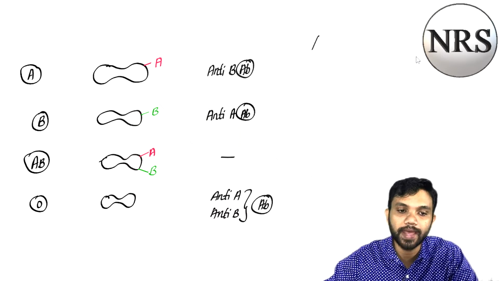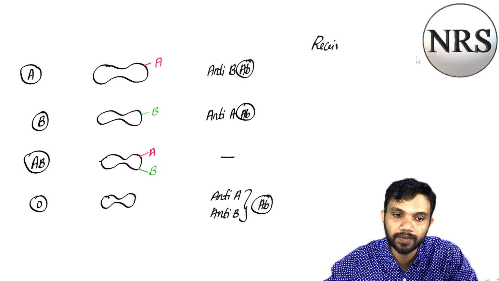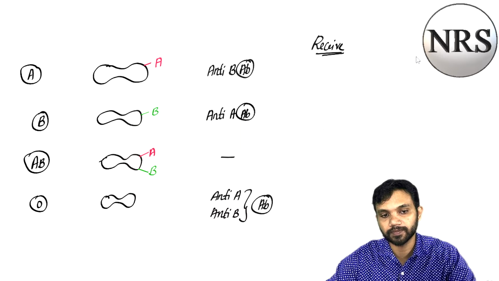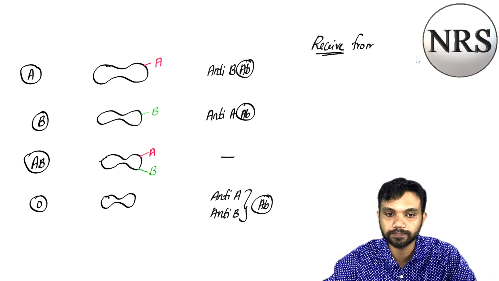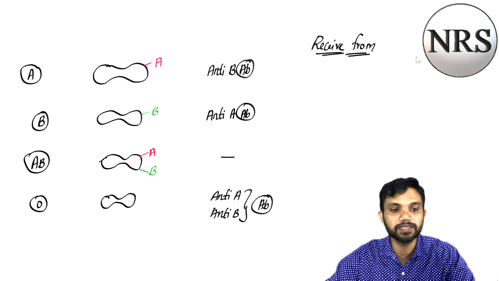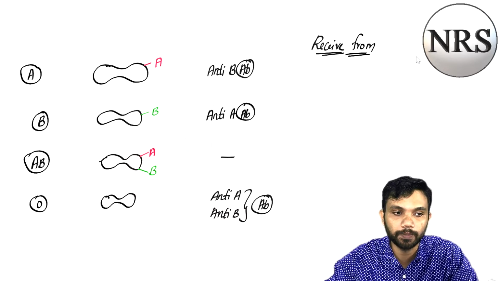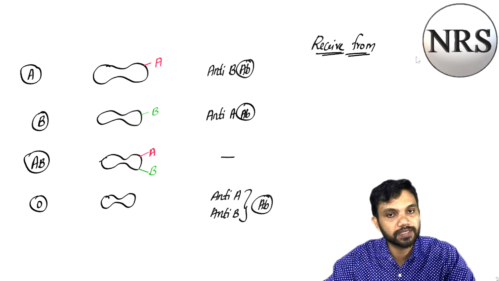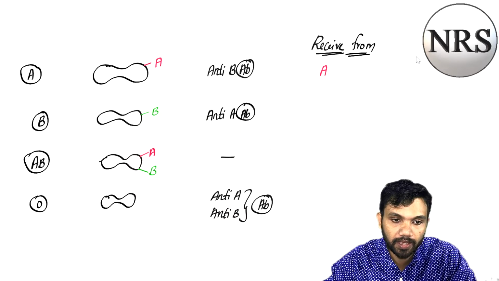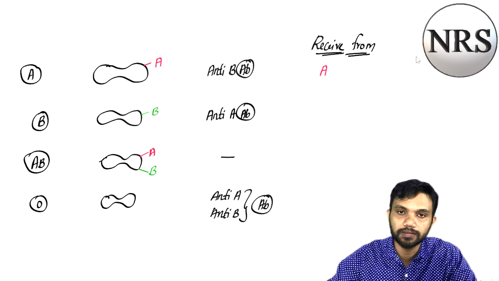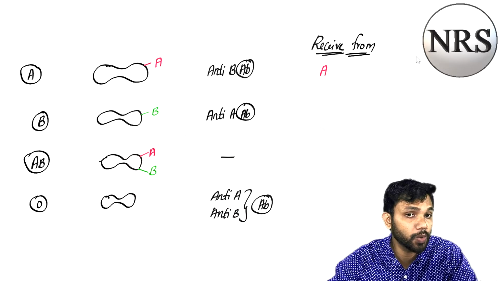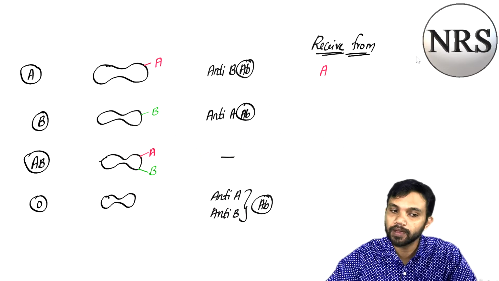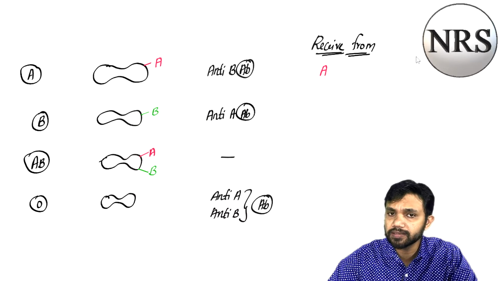So let's see who can receive from whom. A blood group persons can receive blood from A because they have A antigen and know what it is. Can they receive from B?